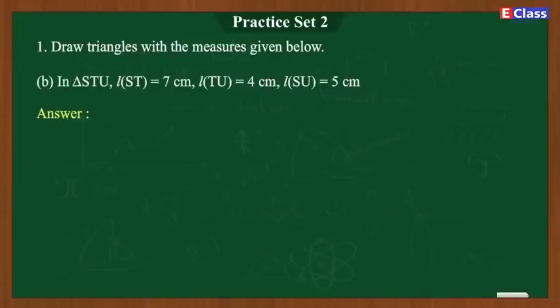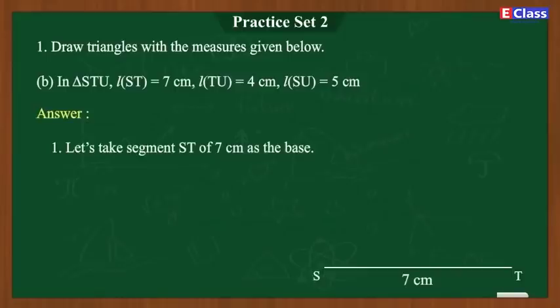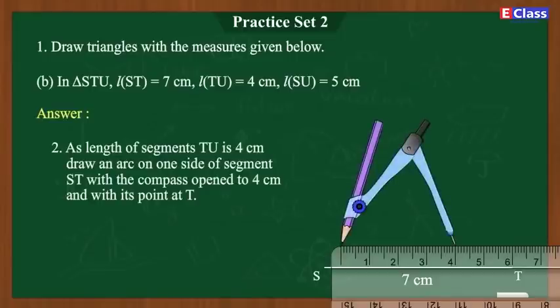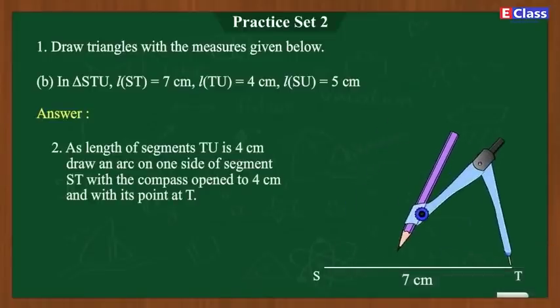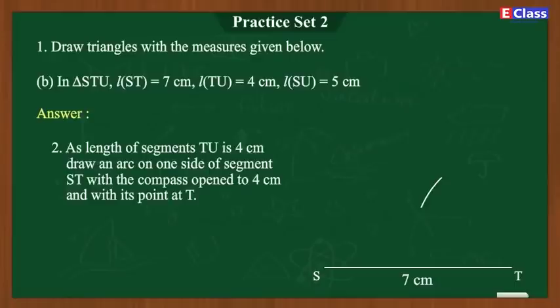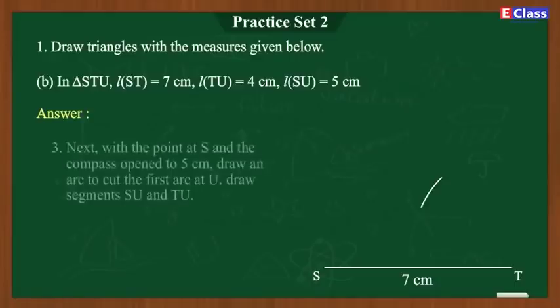Answer: 1. Let's take segment ST of 7 centimeters as the base. 2. As length of segment TU is 4 centimeters, draw an arc on one side of segment ST with the compass opened to 4 centimeters and with its point at T. 3.